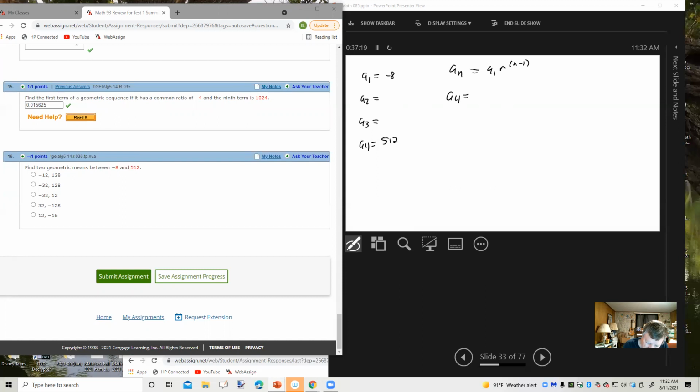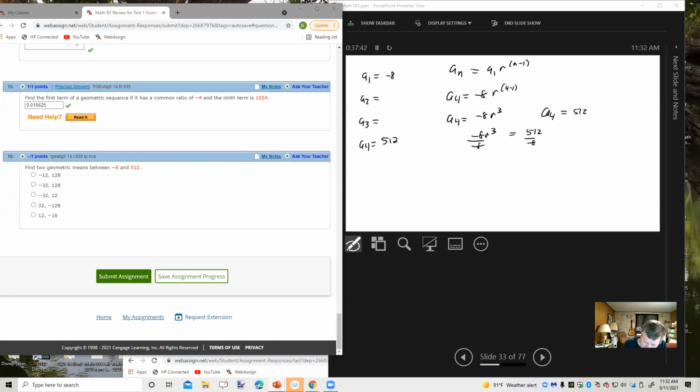A sub 4 is -8 times r to the 4 minus 1 power. So a sub 4 equals -8 times r cubed, but a sub 4 also equals 512. So -8 r cubed equals 512.